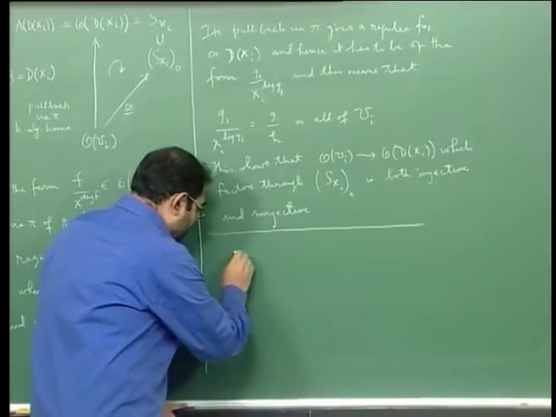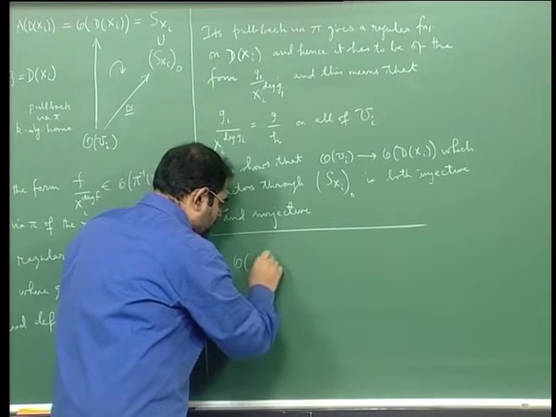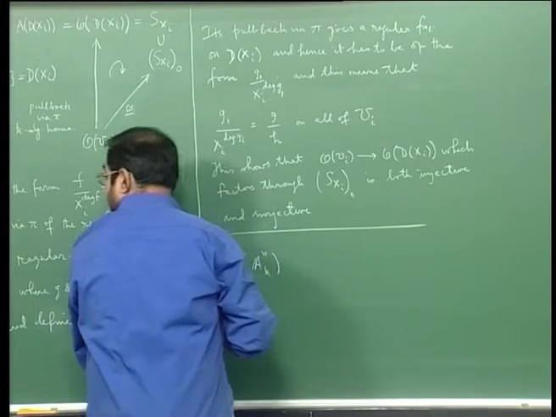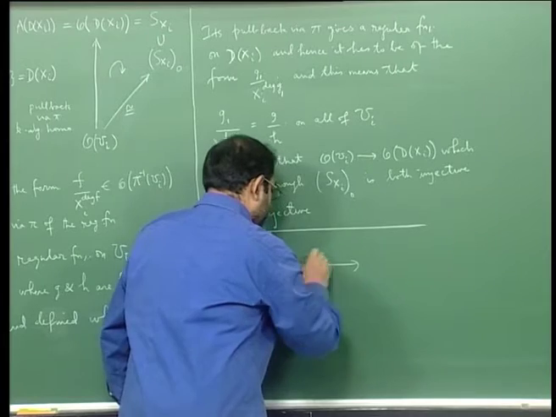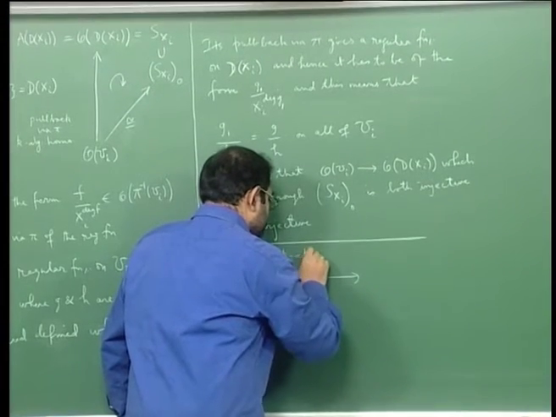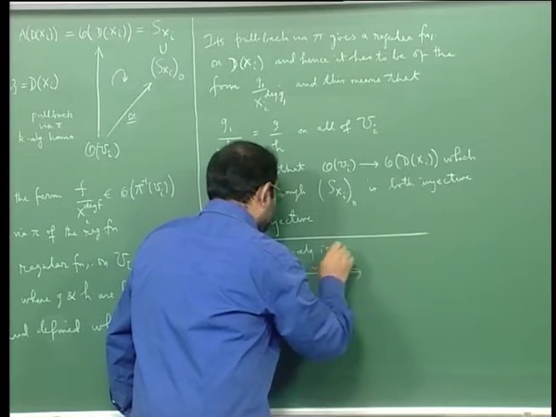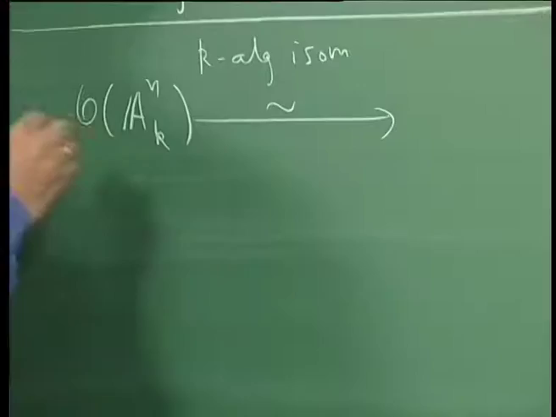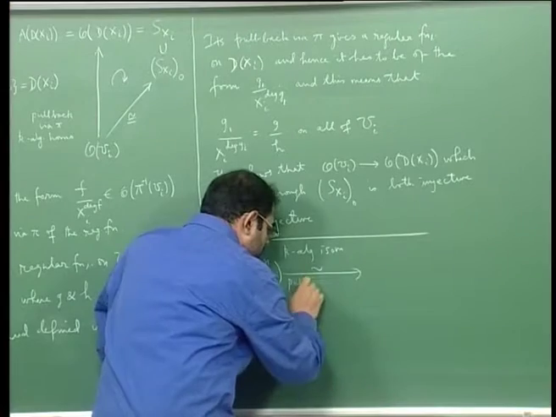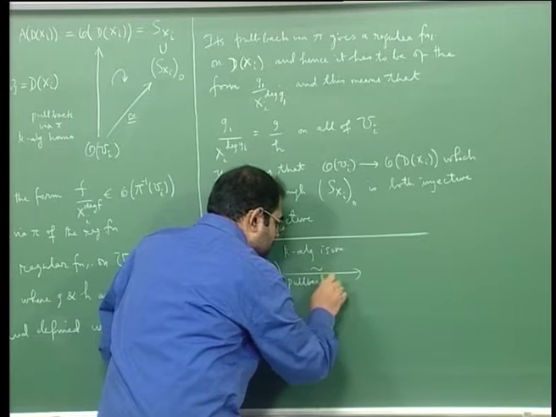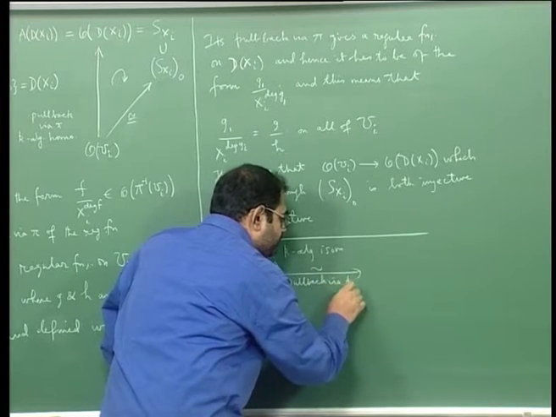So you see I have O of An, and I have this K-algebra isomorphism, which is given by pullback of regular functions via phi.